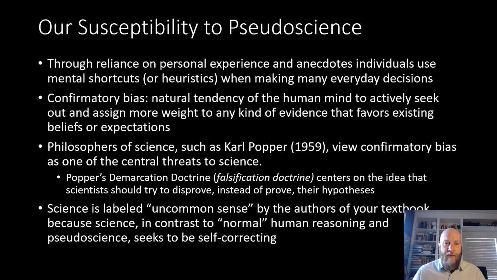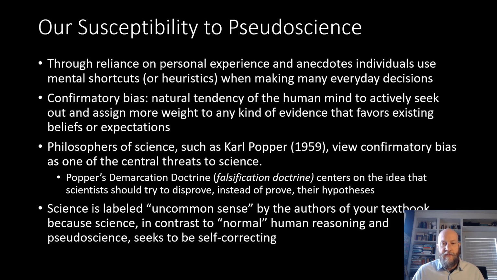So as we talked about Popper's demarcation doctrine, his falsification doctrine, I think it's probably an easier way to think about it, centers on the idea that scientists should always try to disprove instead of prove our hypotheses. We want to throw everything we can at that hypothesis to disprove it. If it still holds, then we begin to give it more weight. We have a sense that it might be more valid.